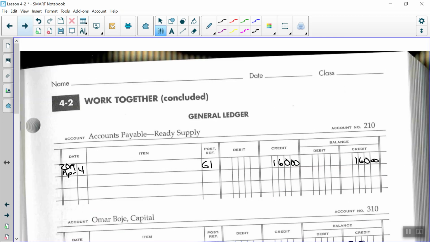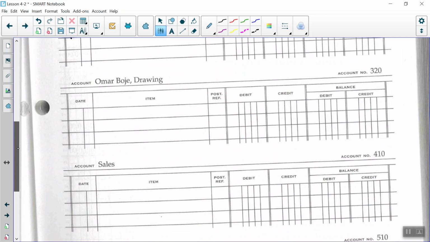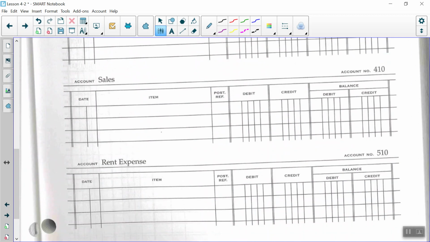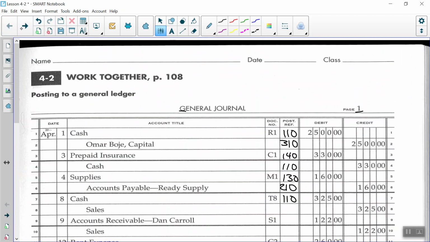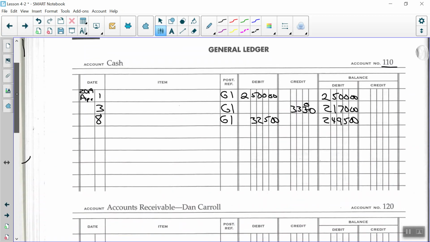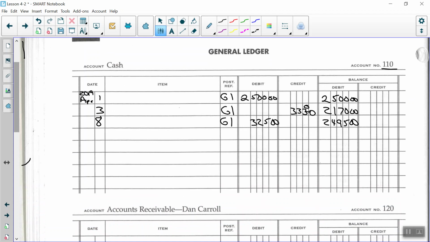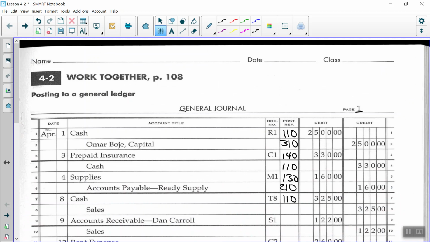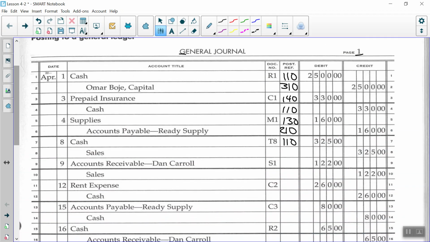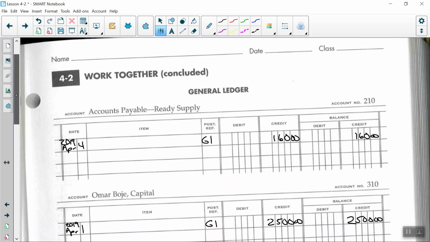So we go over to page 63, we find our sales account. Okay, and then you get 110 on line 7. So then we're going to find sales.